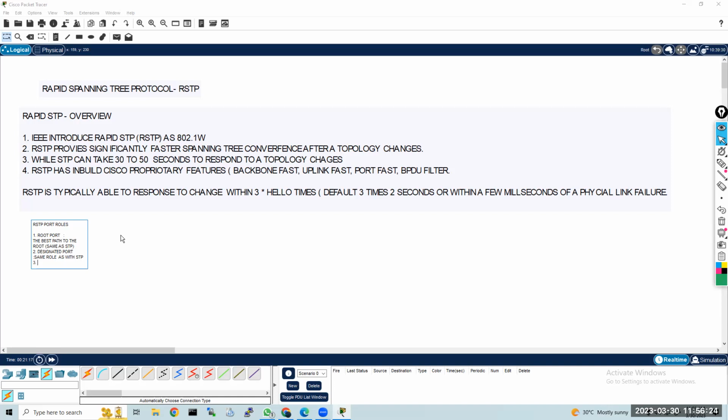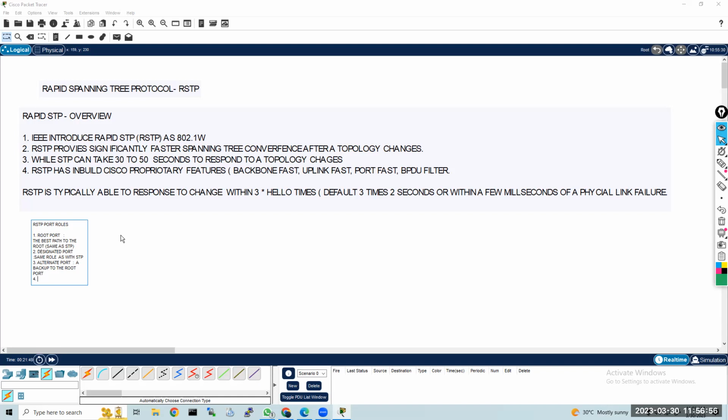The next thing is we have one more, the alternate port. What is an alternate port? It is nothing but a backup port for the root port.